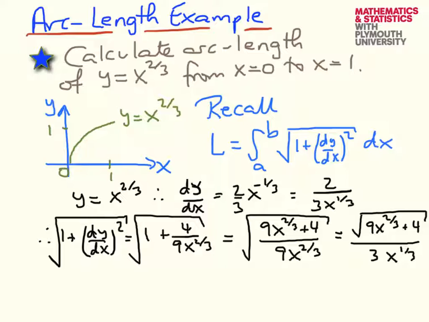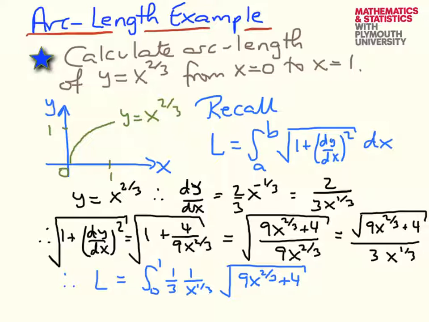So we see that L is the integral, and now A is 0 and B is 1, and the square root is this ratio, and I'm just going to bring this in front, so I have 1/3, 1 over x to the 1/3 multiplying the square root of 9x to the 2/3 plus 4, all in the square root, integrated with respect to x.